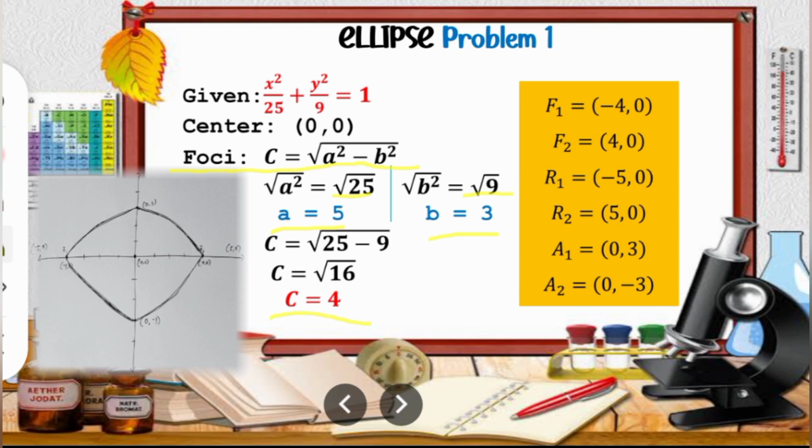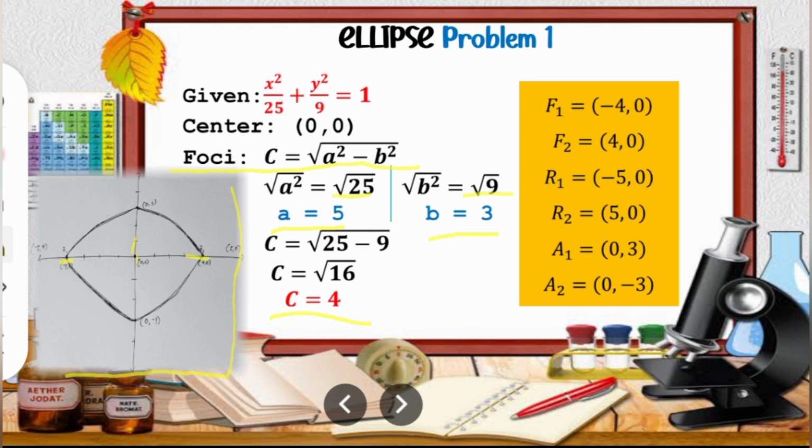Here is our graph. This is our center, and our foci, which is 4, are f sub 1 and f sub 2. We have two foci.